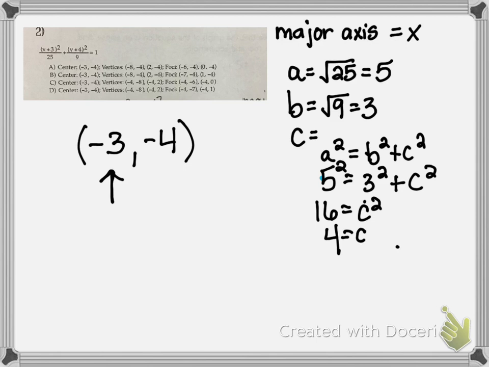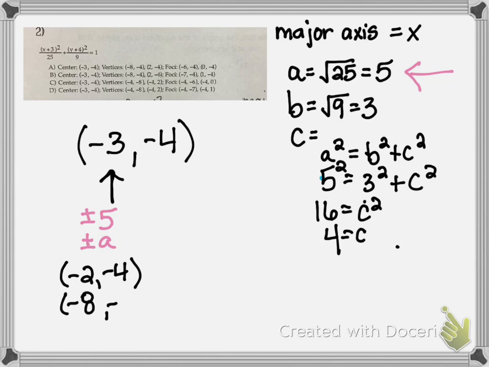If we're talking about the major axis, it is going to have a length of 5. So to that value, we're going to plus and minus 5, which is your plus or minus A, in order to get the two vertices. So if I add those together, I have negative 3 plus 5 is going to give me negative 2, negative 4. And if I do negative 3 minus 5, that's going to give me negative 8, negative 4.